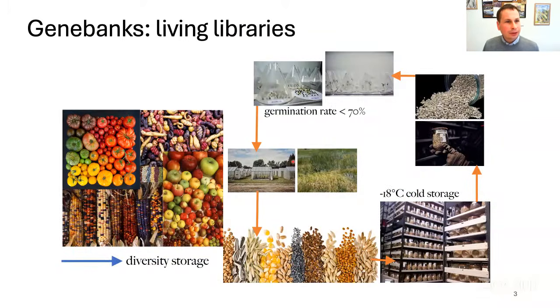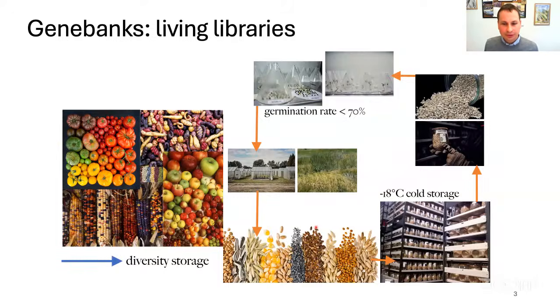Gene banks can be considered living libraries. They maintain genetic diversity of crop plants and their wild relatives. Over the 20th century, researchers collected plant seeds from around the world, and the seeds are maintained in gene banks.